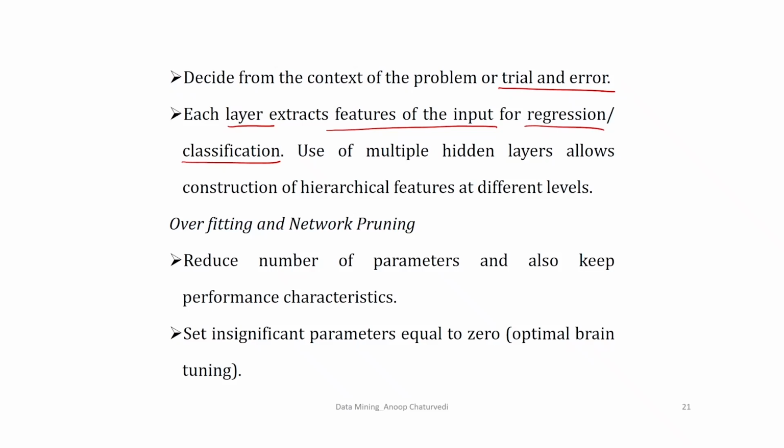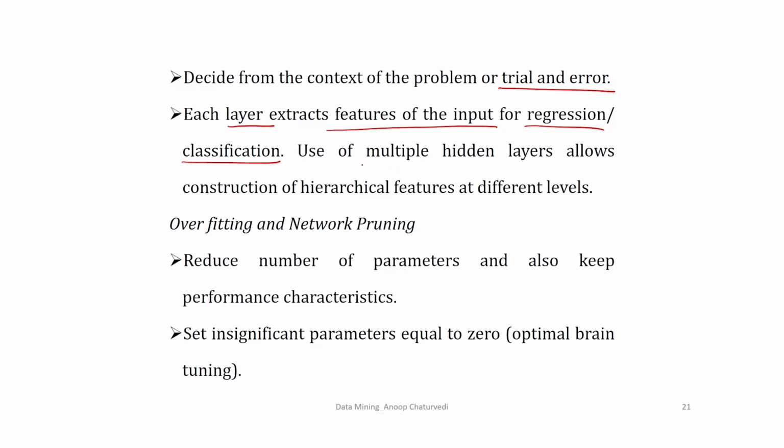So, the role of each hidden layer is to extract different features of the inputs, and then ultimately combining all these features, we get the output at the output node.